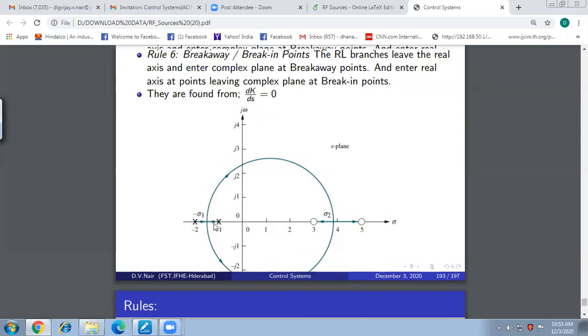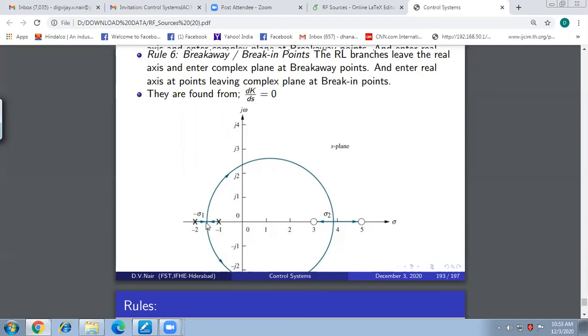Now the two branches originated at the open loop poles at -1 and -2, and these two branches will be progressing towards each other, and at some point between -1 and -2 they will have to leave.